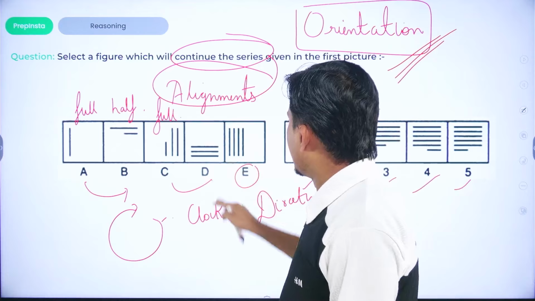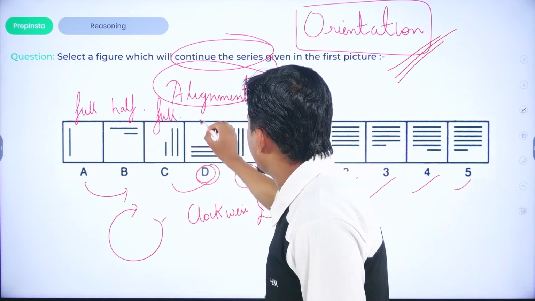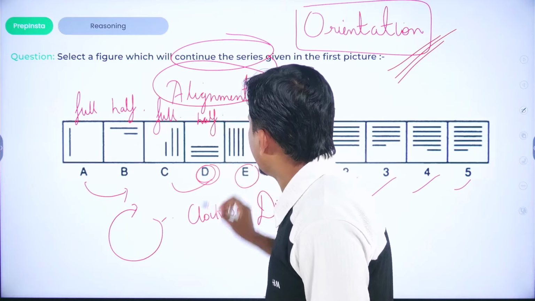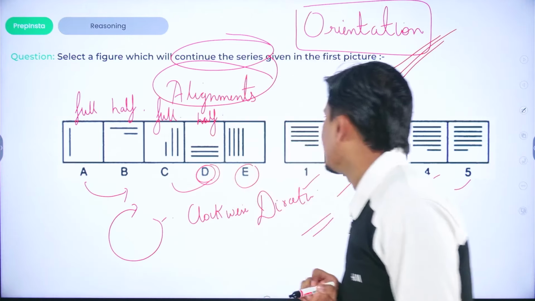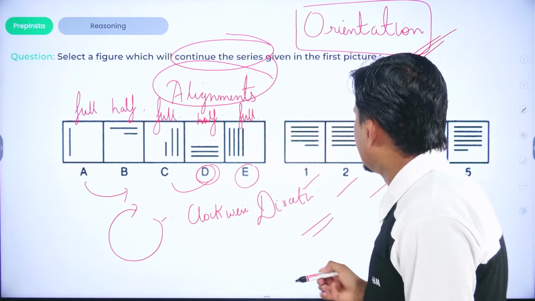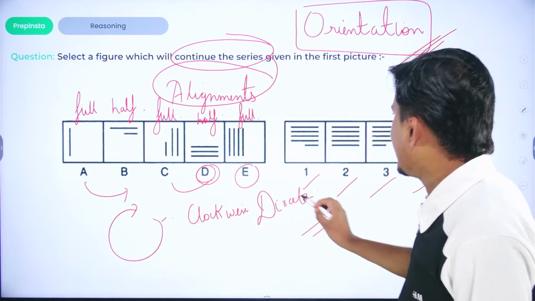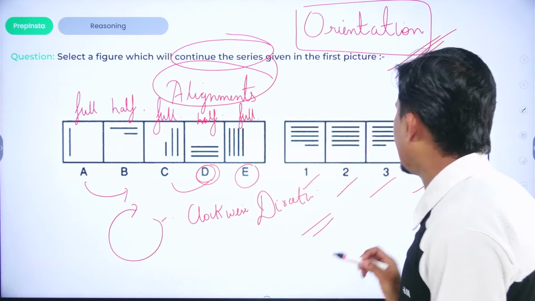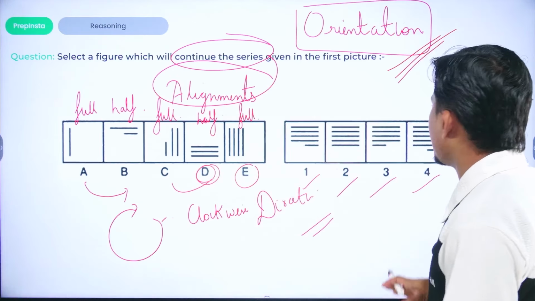Then in the fourth alignment, in the D portion, one half line is added to it. If a half line is added, it will become 2.5 plus half, so it becomes 3. Then with a full line it will become 4 lines. So in the option figure we must have one more line, and the alignment should be at the top, and there should be a half line.